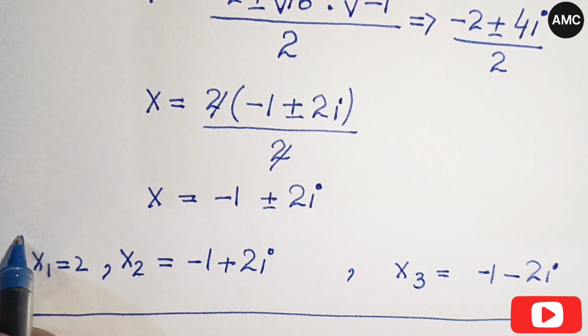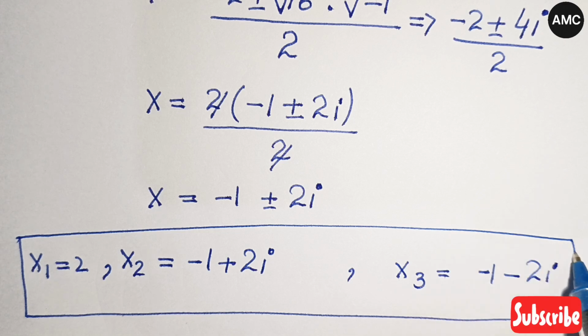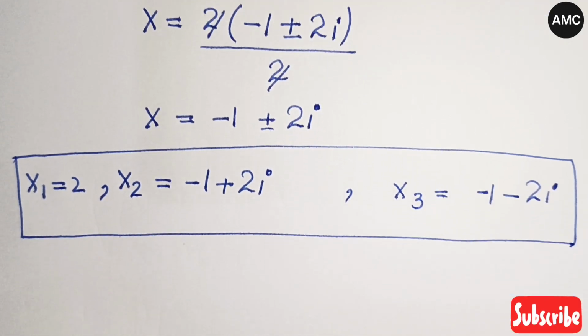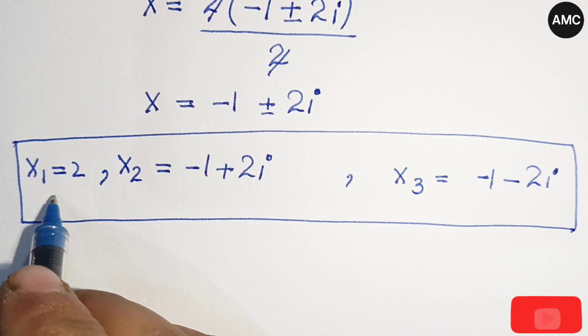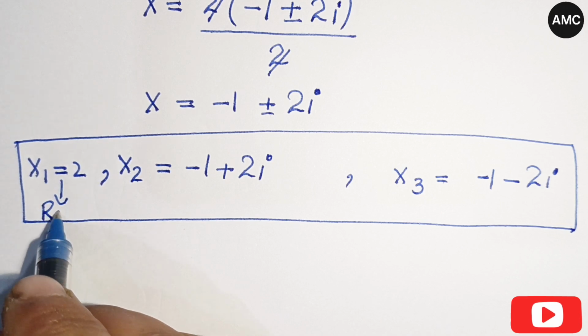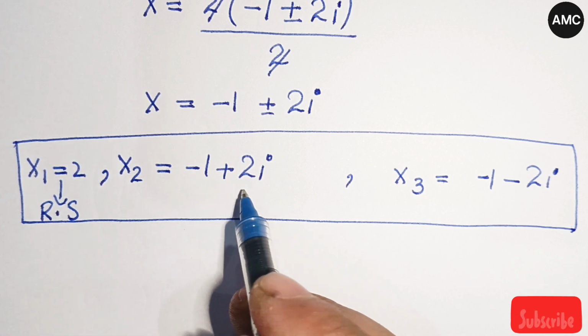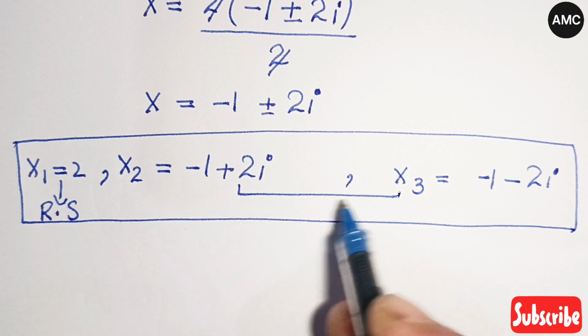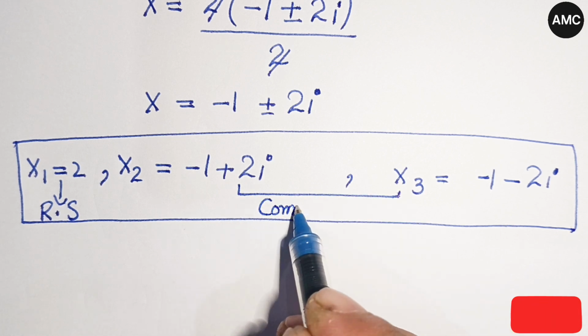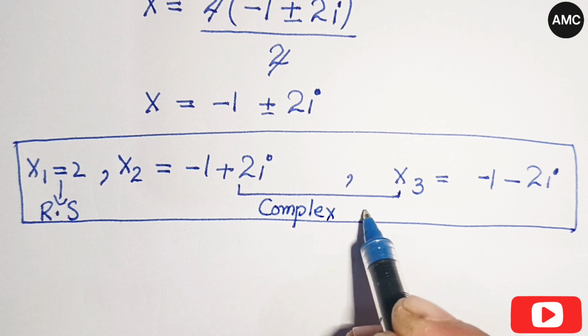So here we have our final answer, that this value is a real solution, and these two solutions are complex solutions.